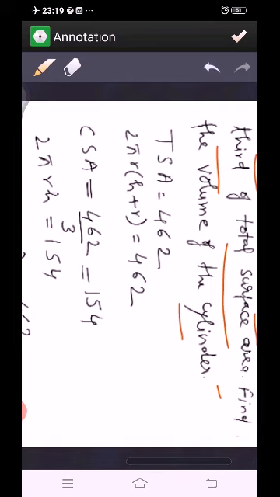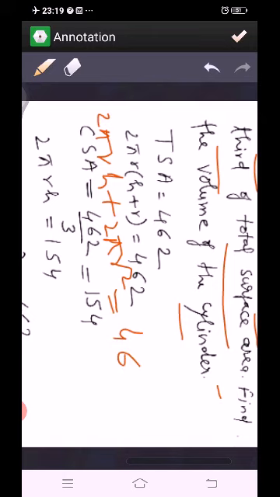It means it can be written 2 pi r h plus 2 pi r square, that is equal to 462. It is given. So curved surface area is 1/3 of total surface area, that is 462 upon 3, that is 154.